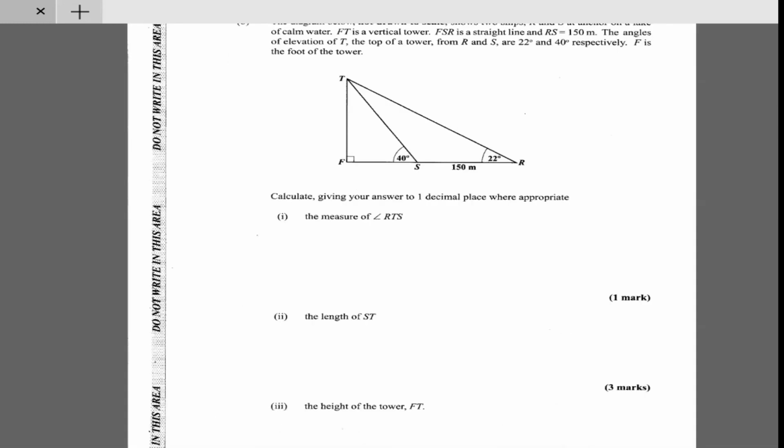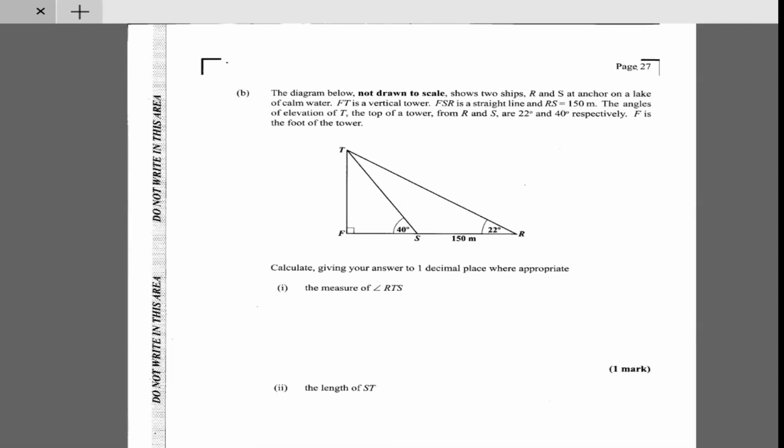Okay, now part B of the question. So we did the circle theory part. Now let's look at the trigonometry aspect of this question. The trigonometry aspect of this question says the diagram below, not drawn to scale, shows two ships, R and S, at anchor on a lake of calm water.